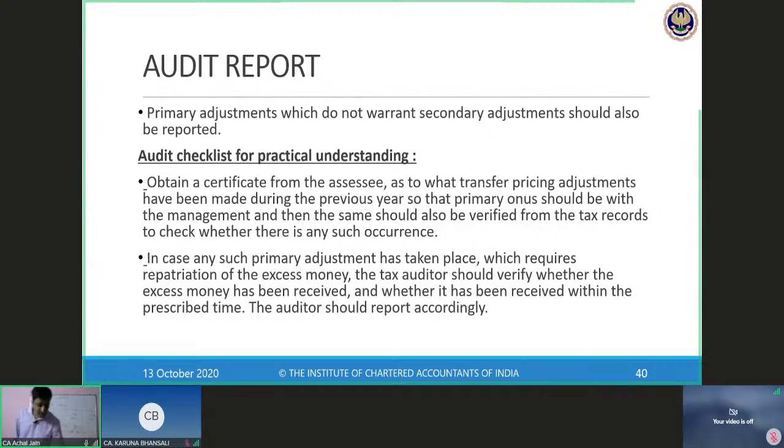And the other thing which he needs to check is wherein this excess money has been received, whether that has been received within the prescribed time or not. Accordingly, the auditor will report.